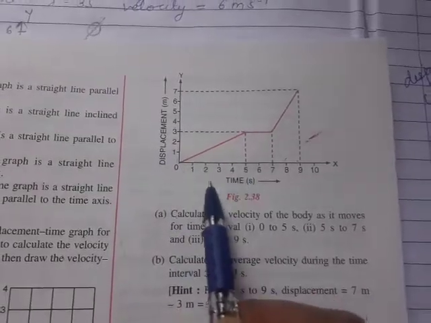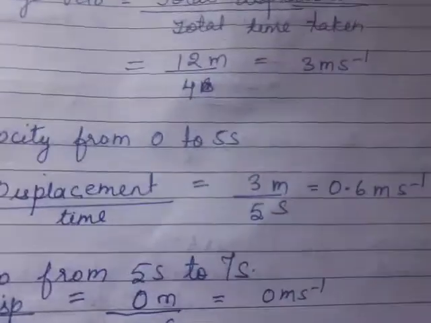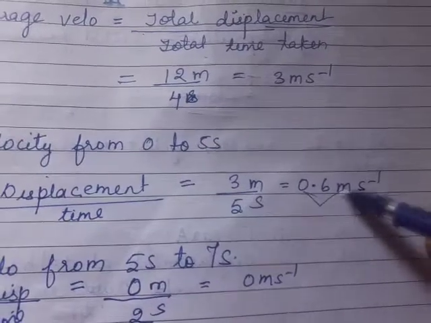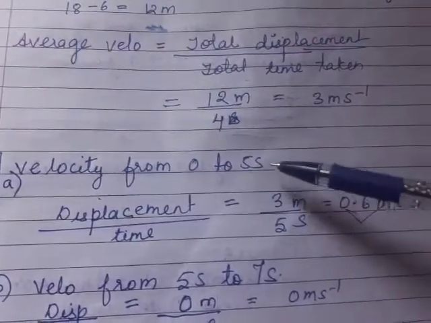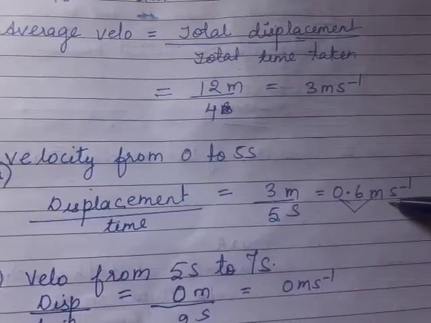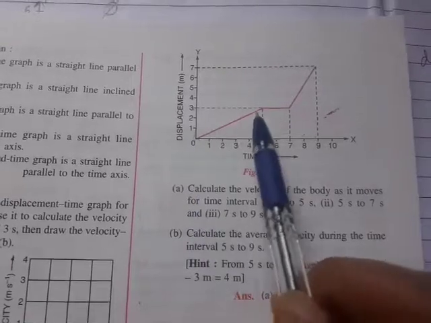From 0 to 5, how much? 5. So the velocity from 0 to 5 seconds is nothing but 3 upon 5, which is what? 0.6 meter per second. Did you understand? 0 to 5 second displacement 3 meters upon 5 seconds, which is 0.67 meter per second. So this was the displacement 3 for 0 to 5.